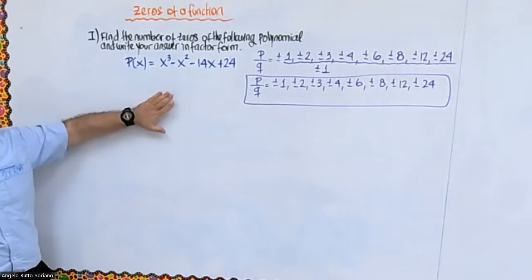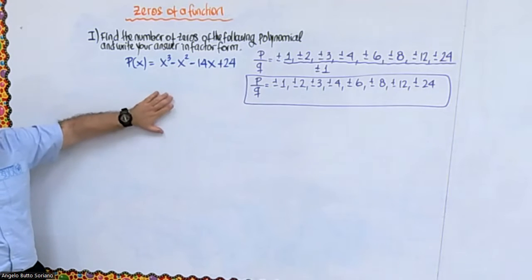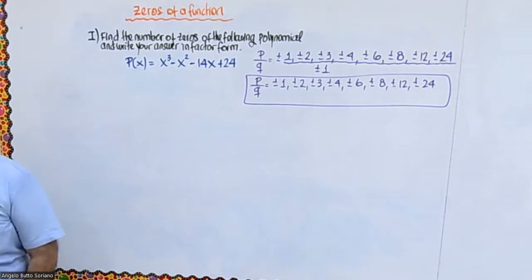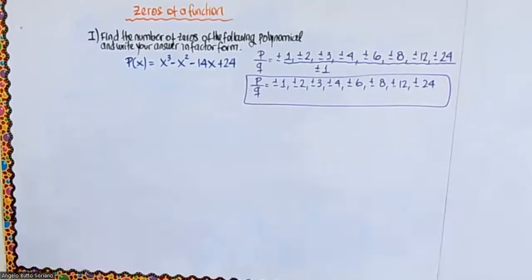So before we continue with the process, did you understand what the division between factors p versus factors q means? So p is the number that doesn't have a variable, and we take the multiples of that number versus the multiples of the number next to the greatest power.